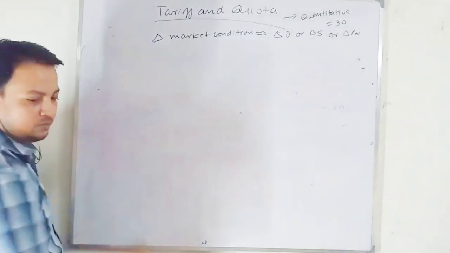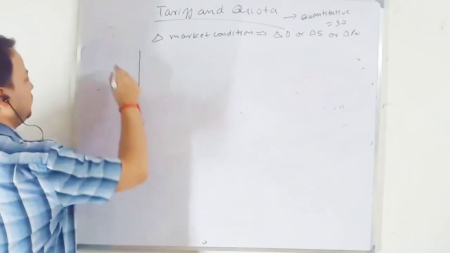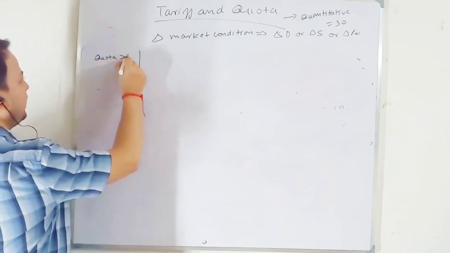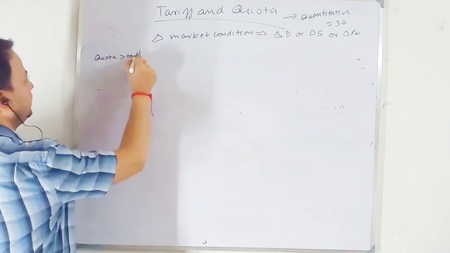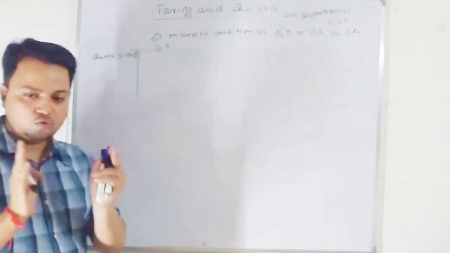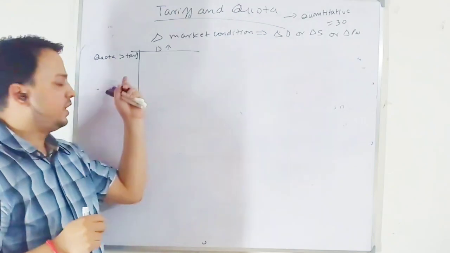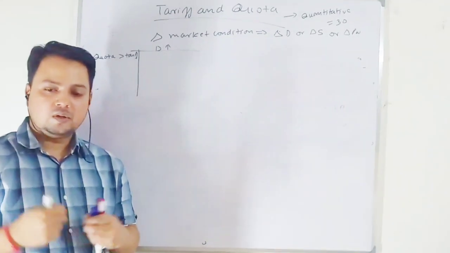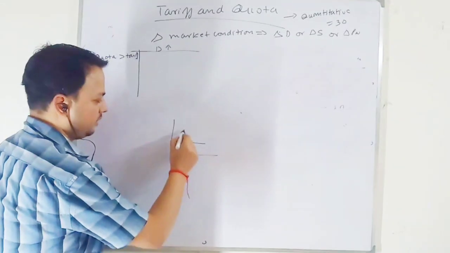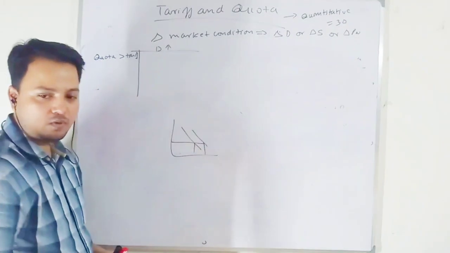The argument is important. When you remember the argument, it will be okay. So quota is better than tariff. In the first case we have seen that when demand increases, in the case of quota, quantity is restricted, but in case of tariff, at that price level, when demand increases, I am importing that much amount from outside.